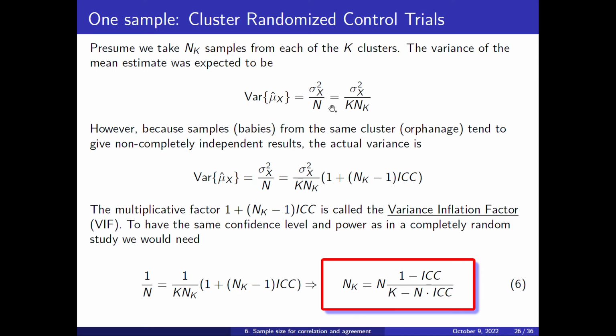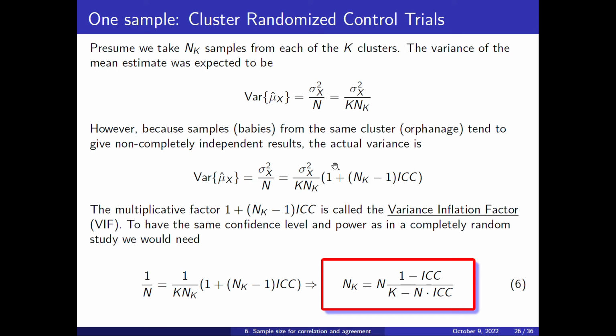So let's say that the variance of our estimate of the mean will be the variance of the sleeping times between babies divided by n, the total sample size, and the total sample size can be expressed as k and nk. But because babies from the same cluster tend to be correlated, then the actual variance is not this one.